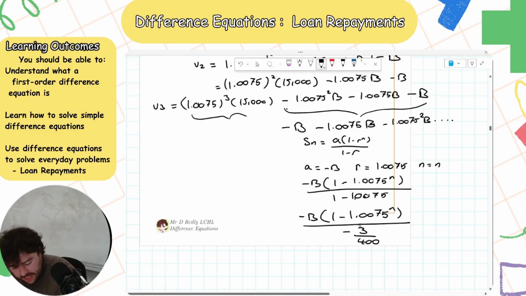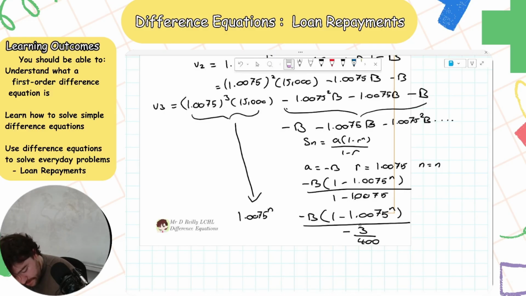We bring this down here and make that 1.0075 to the n times 15,000.